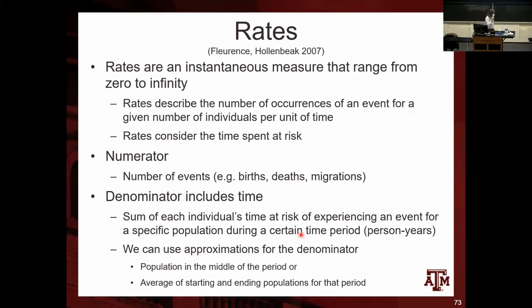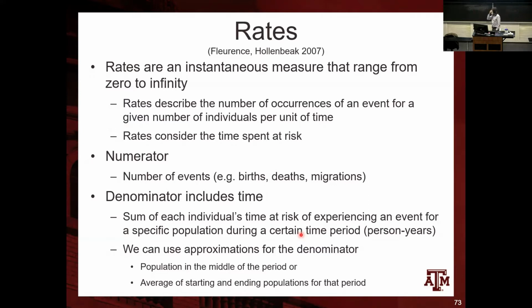So I will count as 2 months out of 12 months. That's the time that I was exposed to the risk of dying. I was exposed to the risk of dying only for 2 months and then I die, right? So it's 2 divided by 12 in the denominator.